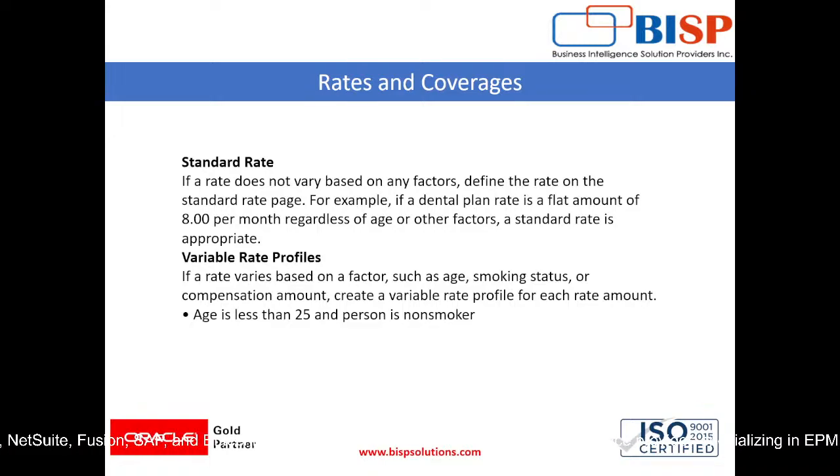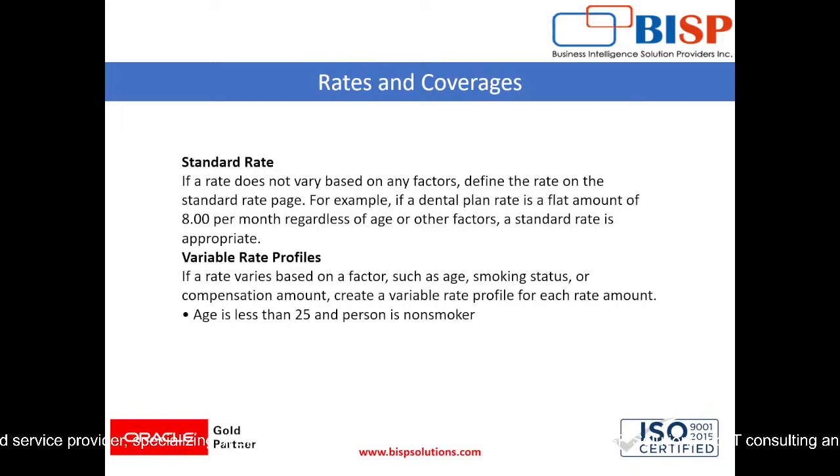For example, if age is less than 25 and the person is a non-smoker, then we define the rate as, let's say, 1. And if age is greater than 25 and less than 40, and the person is a non-smoker, then let's say the rate will be 3. So these will be your variable rates.